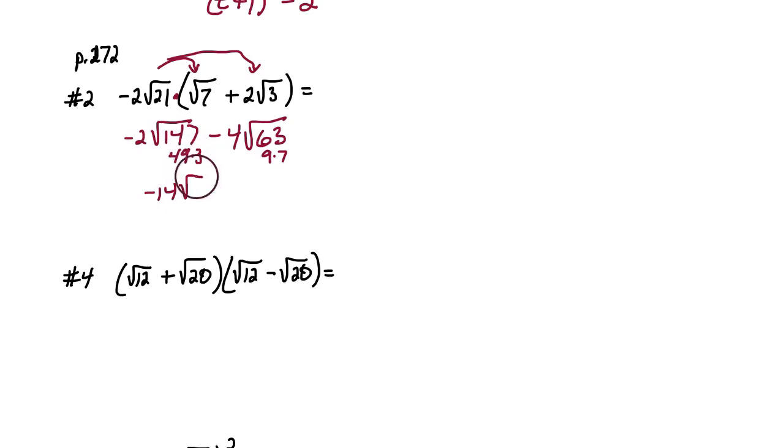The 3 is going to have to stay in the radical. The square root of 9 makes a 3, and negative 4 times 3 is negative 12. But the square root of 7 is going to have to stay in a radical. Even with factoring, we were not able to get like terms, so we can't combine any farther.